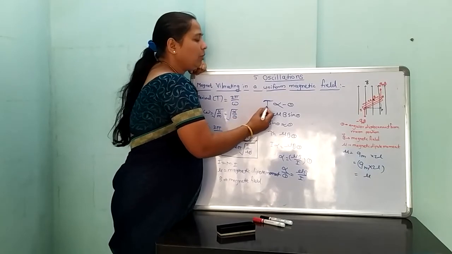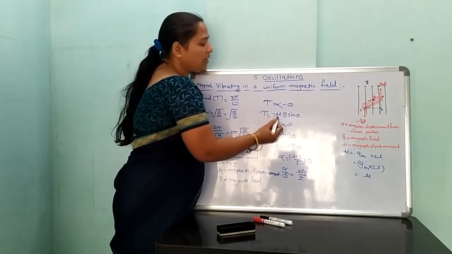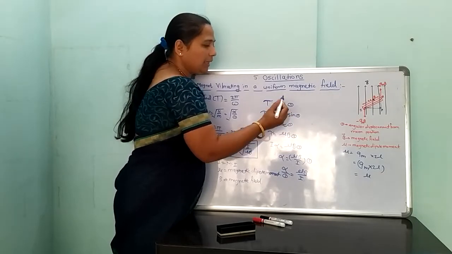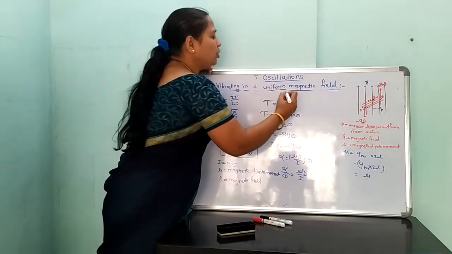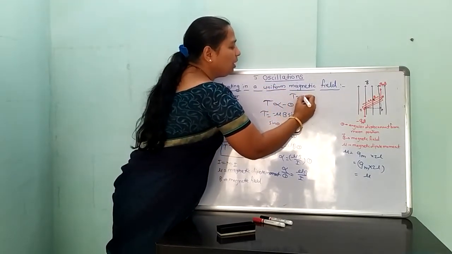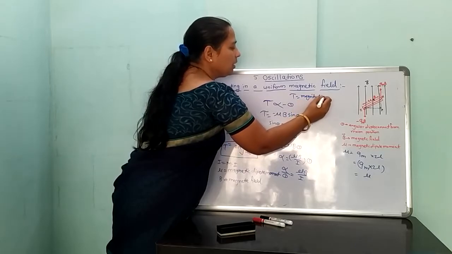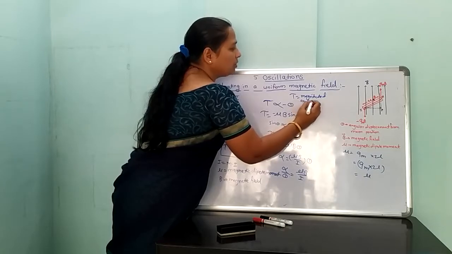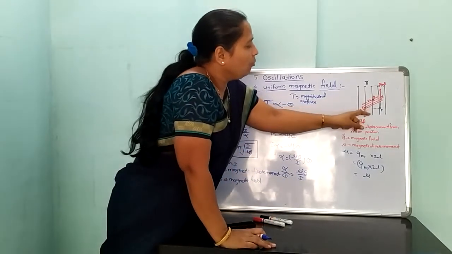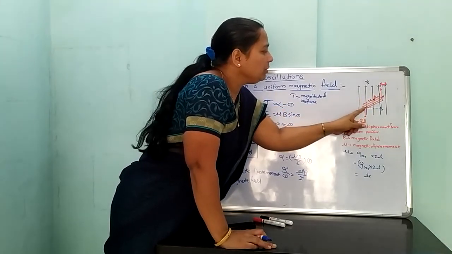First, consider that torque is directly proportional to minus theta, meaning torque is equal to minus mu B sin theta. That formula can be obtained using the definition of torque. Torque is equal to the magnitude of one of the forces. Why is the bar magnet in a rotating condition?